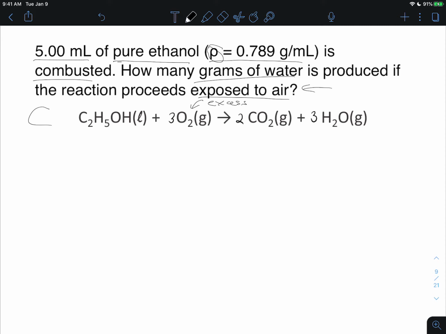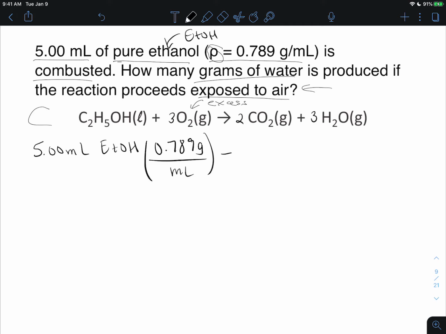Okay. Next, we're going to want to go ahead and convert our units into moles. So we have 5.00 milliliters of ethanol, and we abbreviate that EtOH. And it's just a shorthand way of writing ethanol. So we're going to use our density, 0.789 grams per milliliter, to convert from milliliters of ethanol into grams of ethanol. And when we do this, we get a value of 3.945 grams of ethanol.